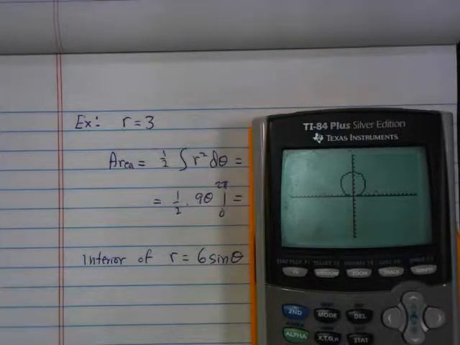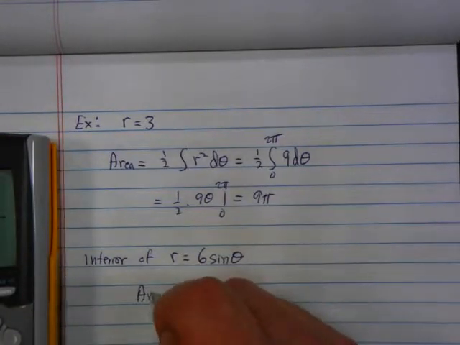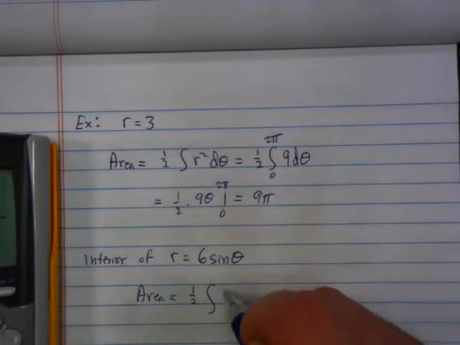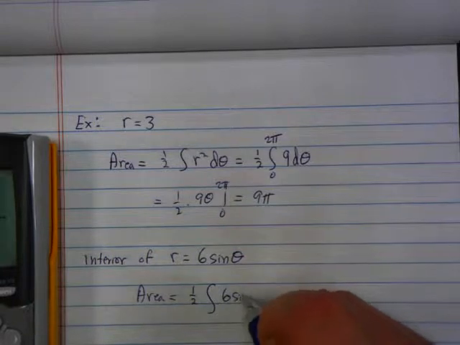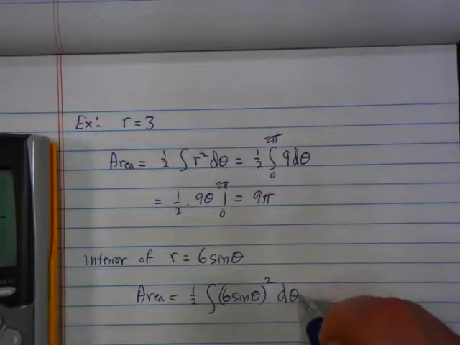Well, it doesn't matter if it's a circle or not. How do we find its area? We're going to have area is 1/2 the integral of the radius, that's 6 sine theta squared d theta.